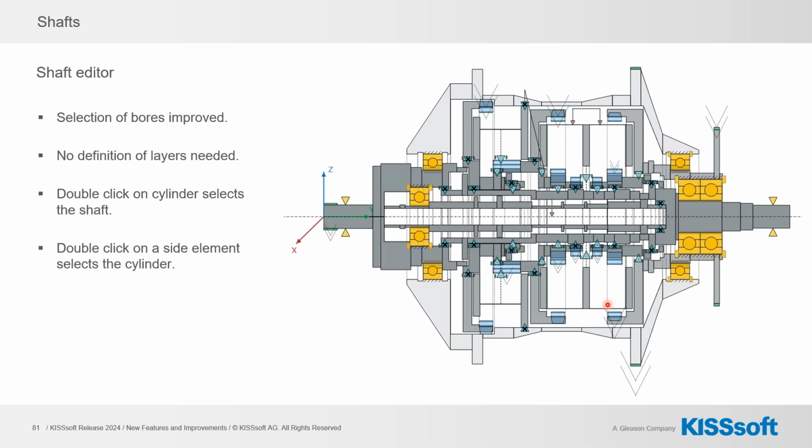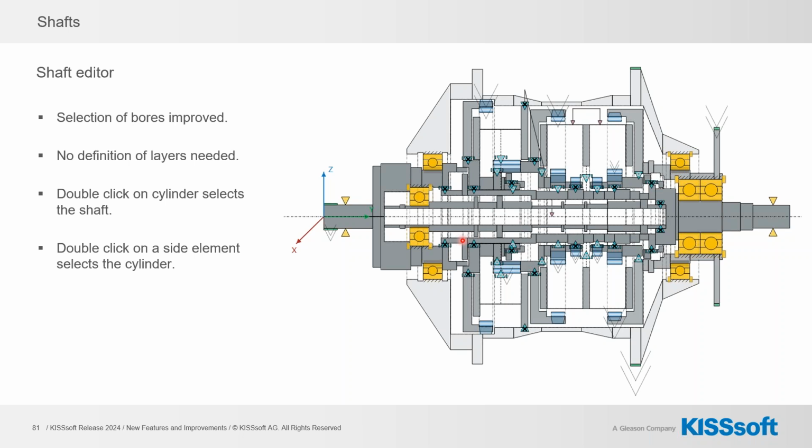Shaft calculation, first of all, we also continuously want to improve the shaft editor and the handling. As you know, starting a shaft calculation means modeling the shaft in the shaft editor.